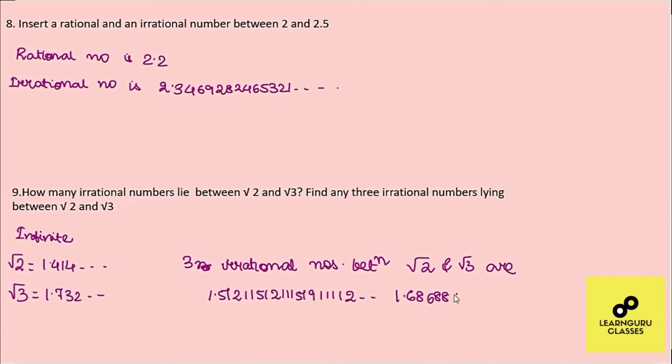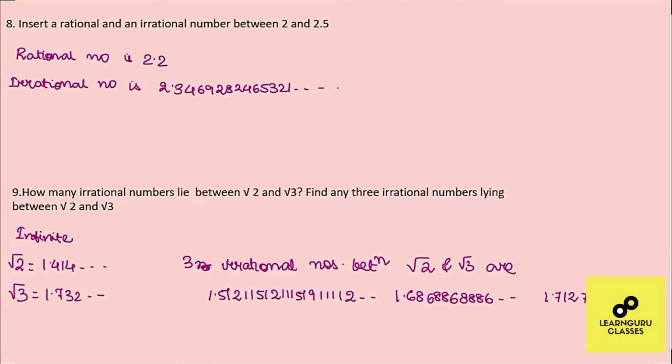So this is also a number that is non-terminating and non-repeating, because a definite sequence of numbers is not being followed. Next number 1.712, 71122, 71122. So all of these three numbers are irrational numbers.